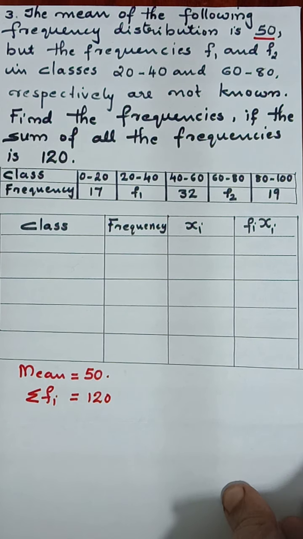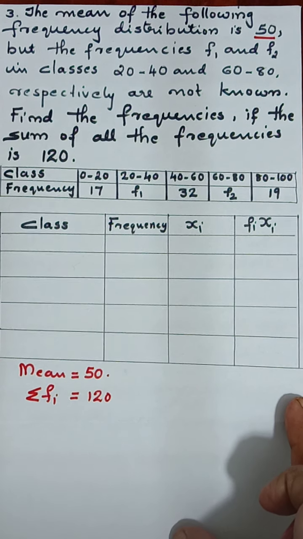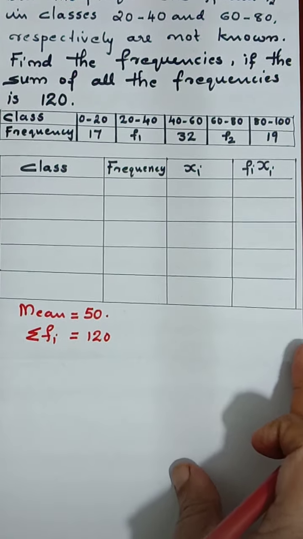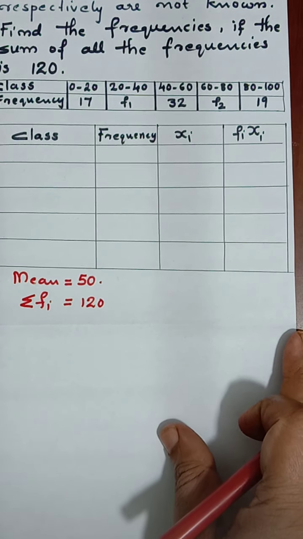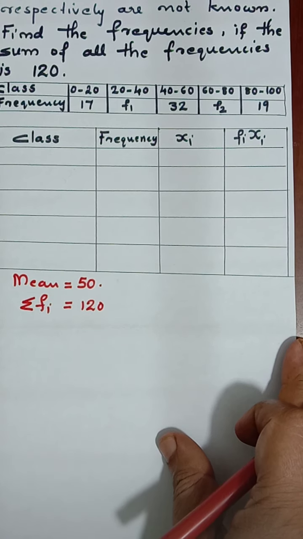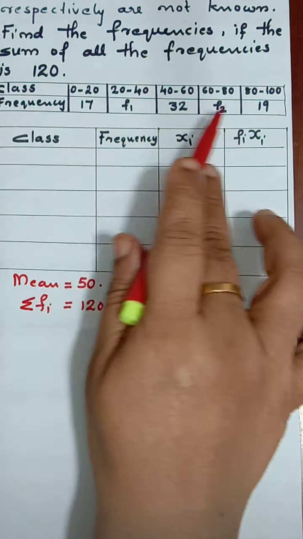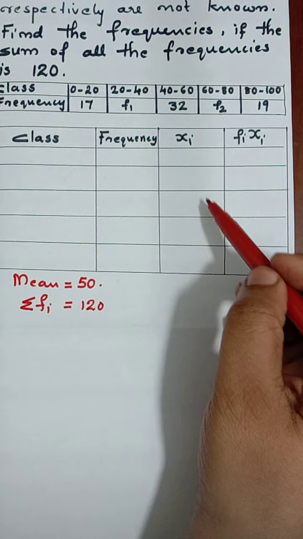These are the two things given to us; the remaining f1 and f2 we have to find out. As mean is given to us, we have to use the mean formula. Better to use the direct method because simple numbers are there. The question is in horizontal form, we have to make it vertical.